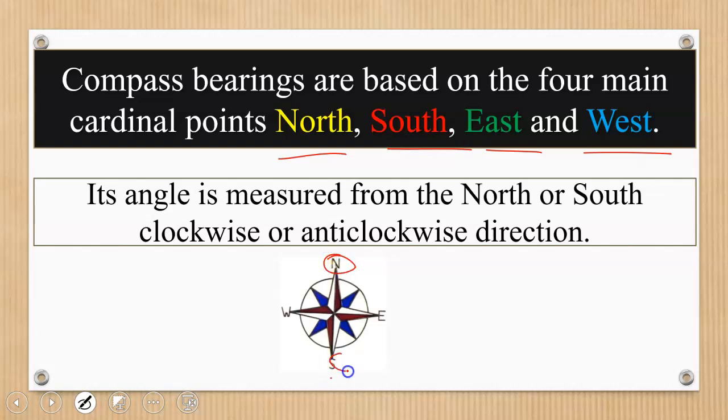Now, this type of bearing is measured from the North Pole or from the South Pole, meaning you can start from the North Pole towards the east, or you can start from the North Pole towards the west. Again, you can also start from the south to west or south to east. Any of this is accepted in the compass bearing.